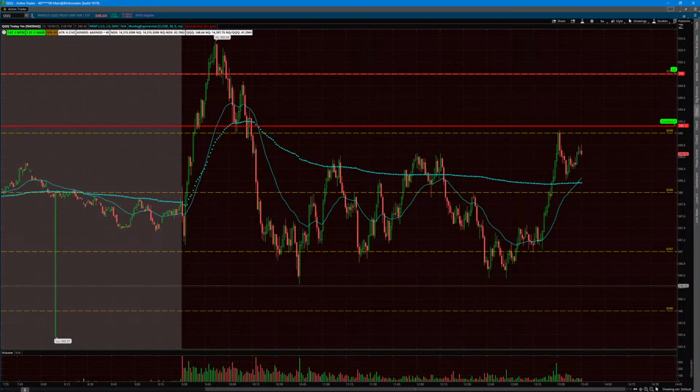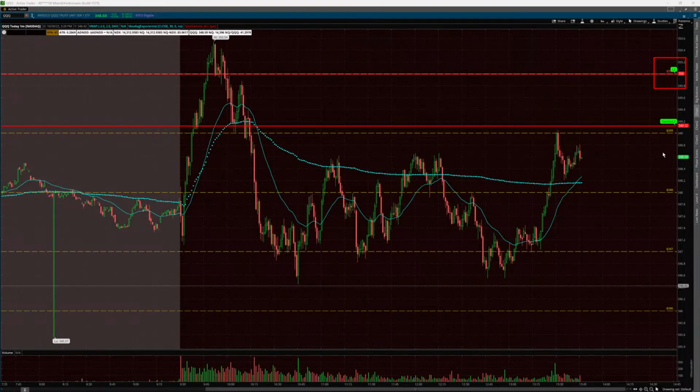Note 350 is the absolute gamma strike. And there's a combo level just below that, that combines QQQ and NDX gamma weighted open interest into one level and shown in an equivalent QQQ price. So that's QQQ.